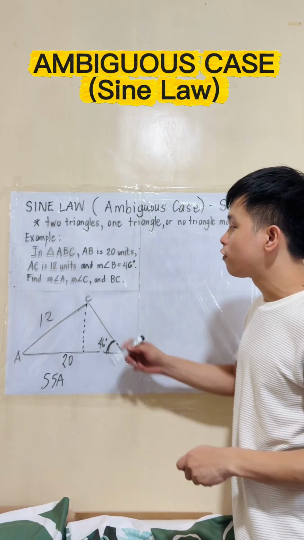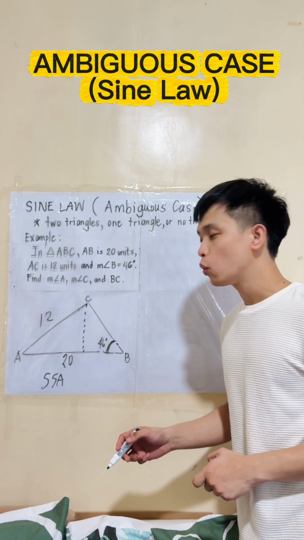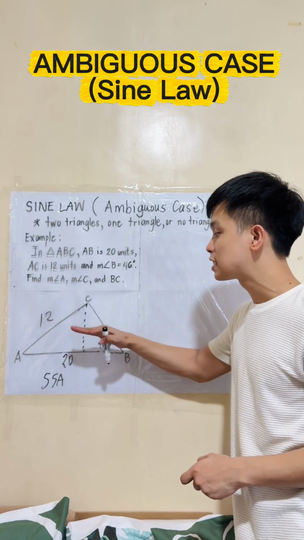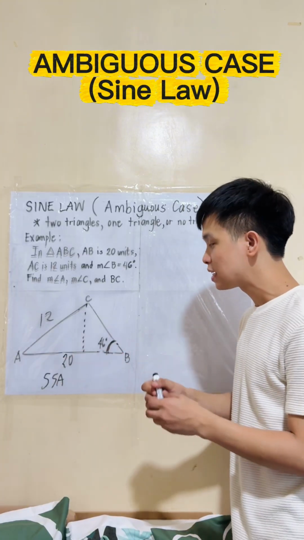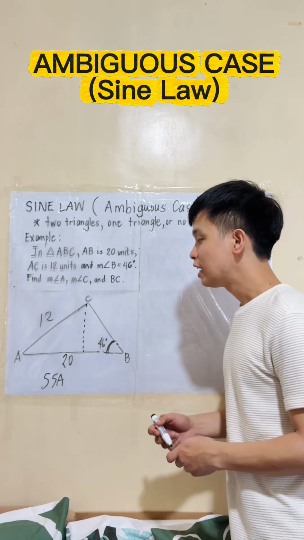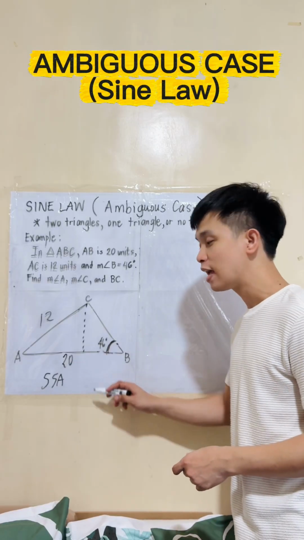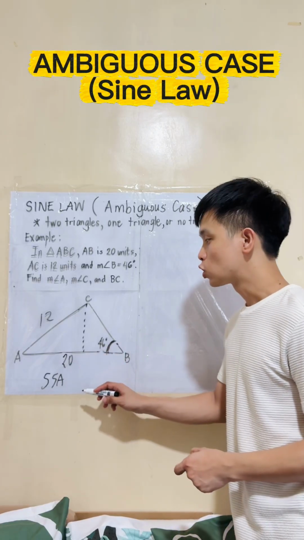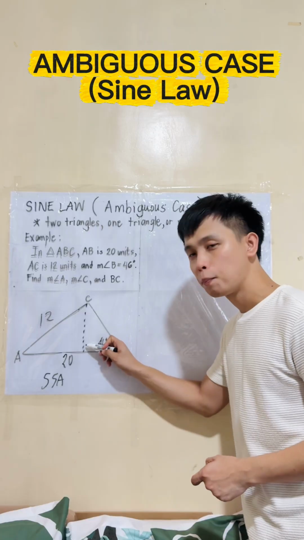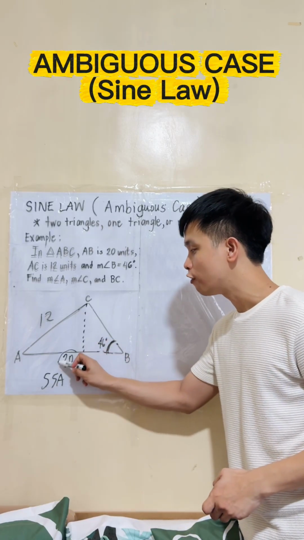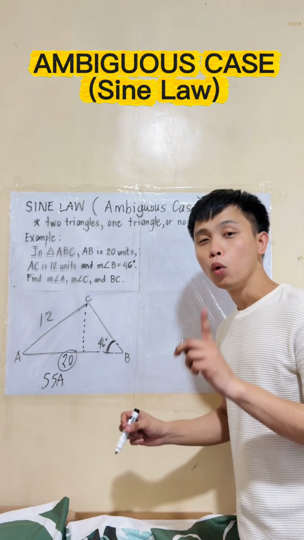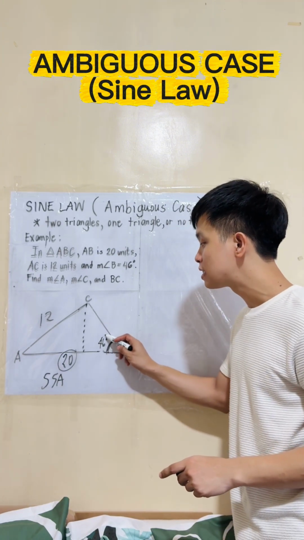Remember that the measure of our perpendicular height is always equal to the product of the side adjacent to our angle. When we say adjacent, it is the side next to our angle. In this case, we have side AB, and that measures 20. So again, the perpendicular height is equal to the adjacent side multiplied by sine of this angle.